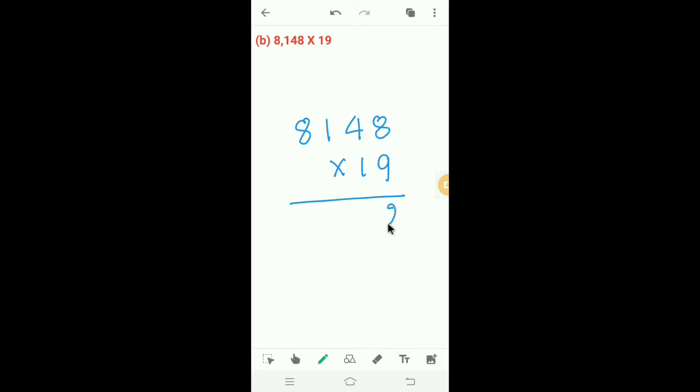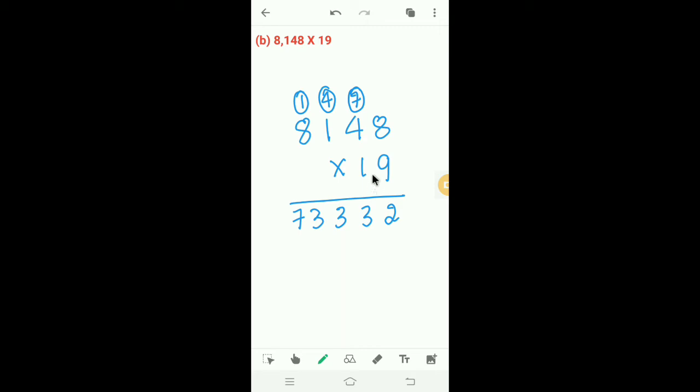So I will write 2 here and 7 carry. 9 fours are 36. 36 plus 7 is 43. So I will write 3 here and 4 carry. 9 ones are 9, 9 plus 4 is 13, so I will write 3 here and 1 carry. 9 eights are 72, 72 plus 1 is 73.